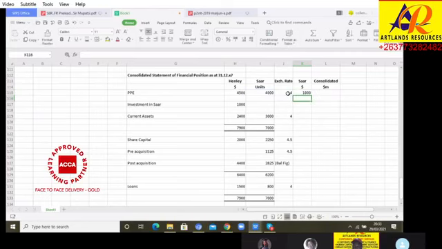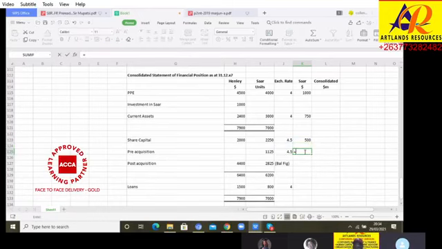That equals 3,000 divided by 4. Then 250 divided by 4.5, then 125 divided by 4.5. And this one you don't. And here 800 divided by 4. All right. So we now have a translated statement of financial position for SAR.